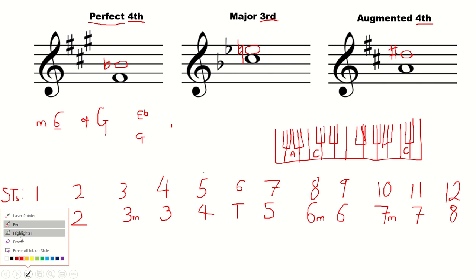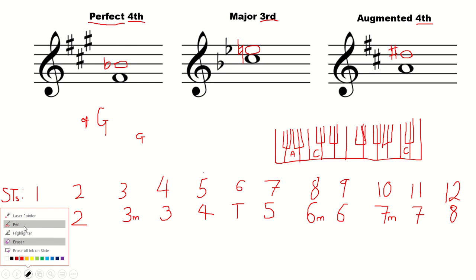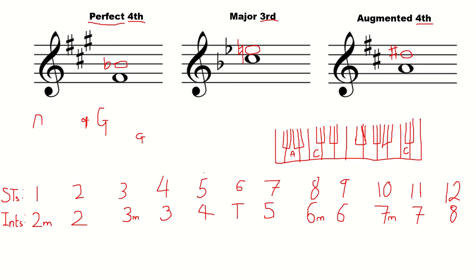So here's a second question. Instead of a minor sixth, I want an augmented fifth. So that means it's one above what a fifth normally is.